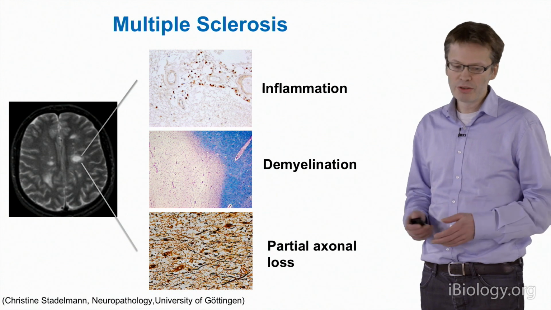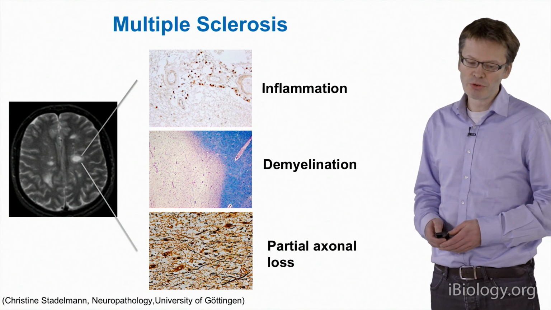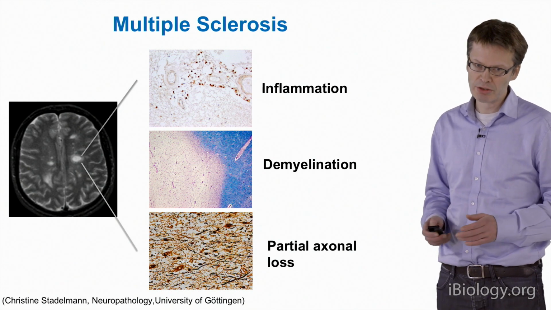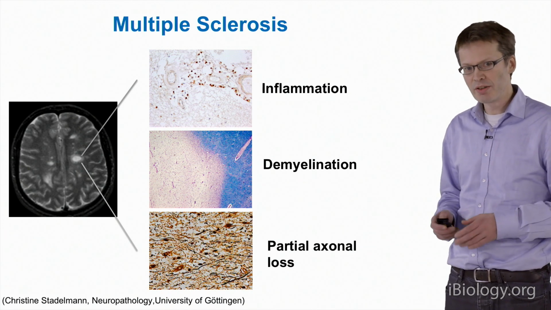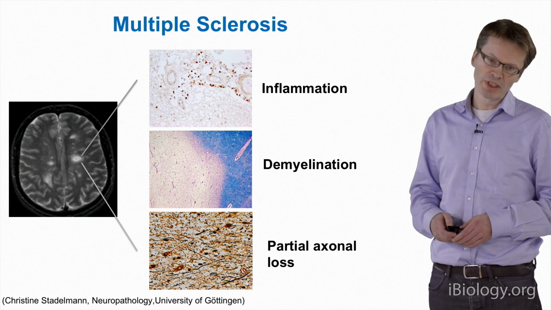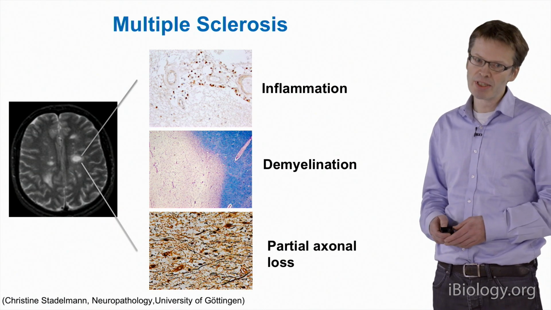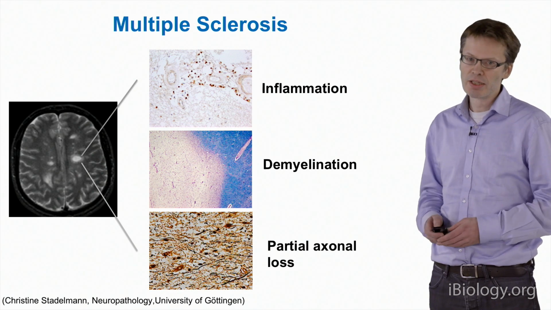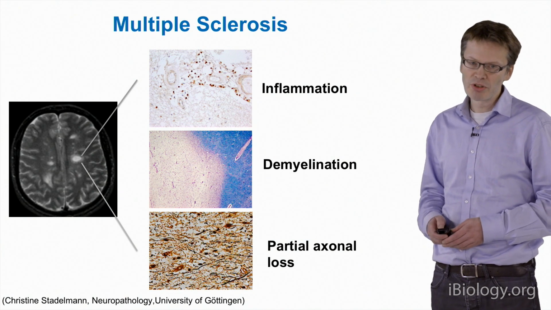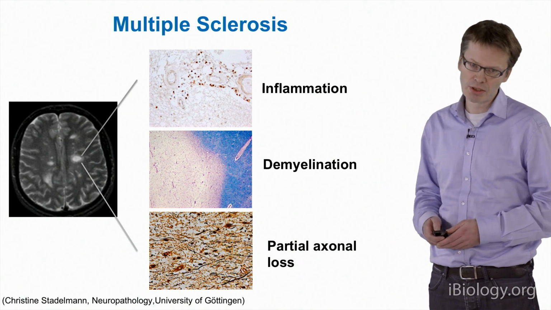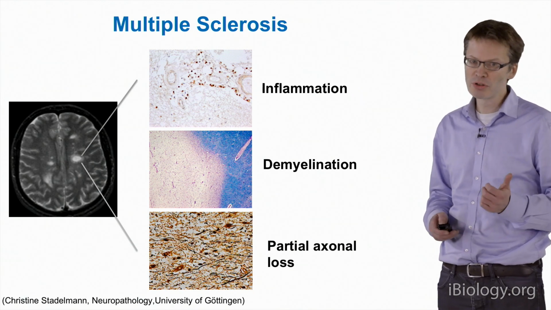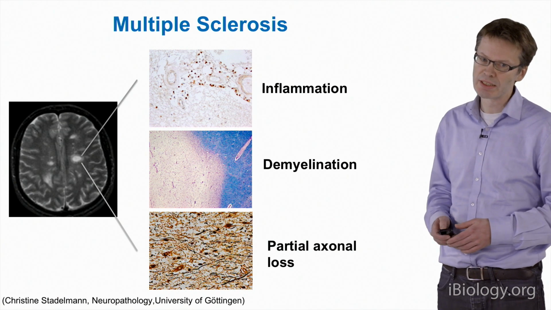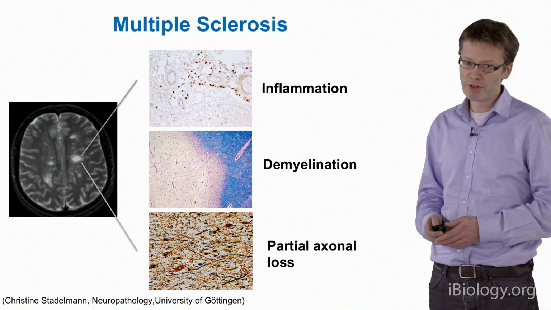Just to remind you, multiple sclerosis is an autoimmune disease that leads to an inflammatory attack, probably against the myelin sheath, that results in multifocal inflammatory lesions that you can see here in the MRI by these white spots. These hyperintense lesions are then highlighted in the neuropathological images, and you can see here the three hallmarks of MS. The first is inflammation, so there is infiltration of B cells, T cells, and in particular macrophages.